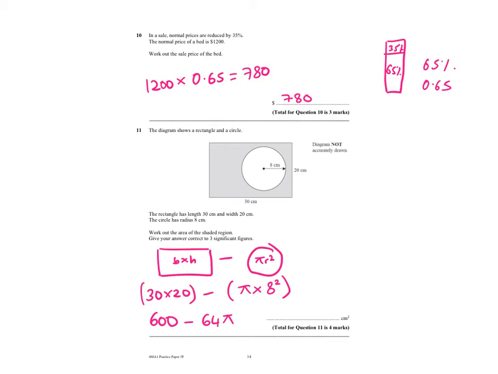Now it wants correct to 3 significant figures, so 600 minus 64 pi is 398.93. So I want 3 significant figures, so 1, 2, 3. So I'm rounding to the nearest whole number. This number here is 5 or more, so I'm going to round that up. So I'm going to get 399 centimeters squared.